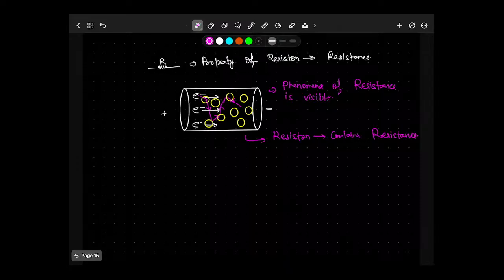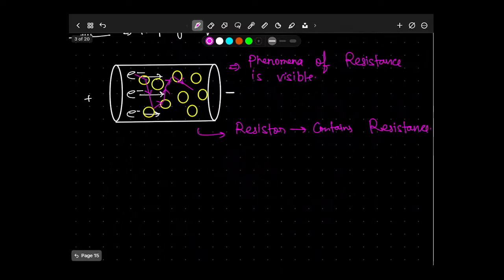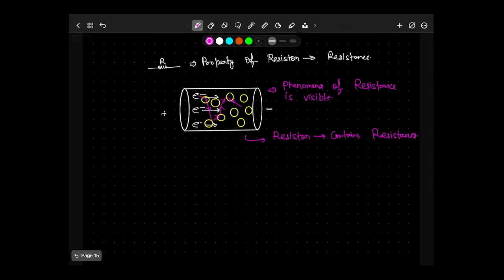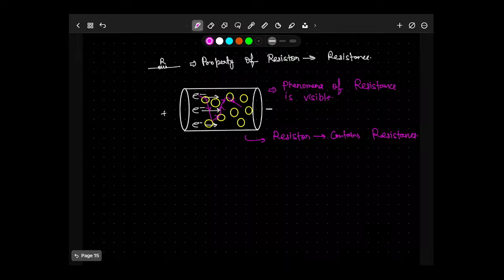Now there is a very important application. If too many resistances are given and they are connected in series, then what will be the equivalent resistance of all of these resistors? What do you mean by equivalent resistance? It is a simple concept.